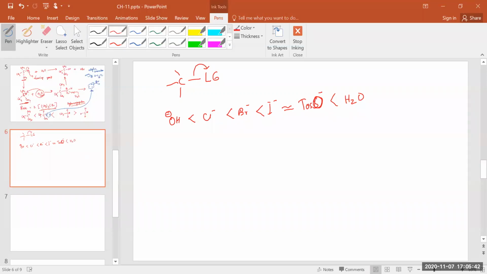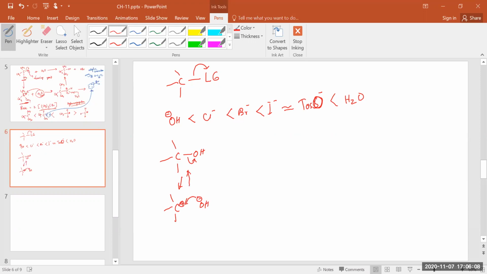And then the best leaving group is water. So we'll talk about TOS and water. Suppose you have tertiary butanol. Here OH is not a good leaving group, because if it leaves it will make OH minus, which will react back.